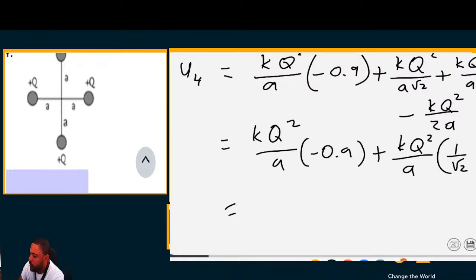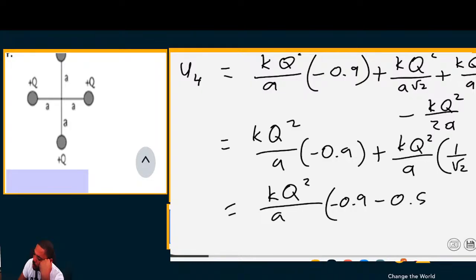Therefore, if we rewrite it, we have kq squared over a, negative 0.9 minus 0.5 plus 2 square root 2.